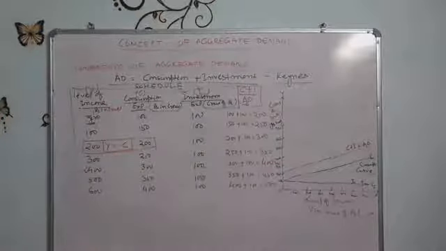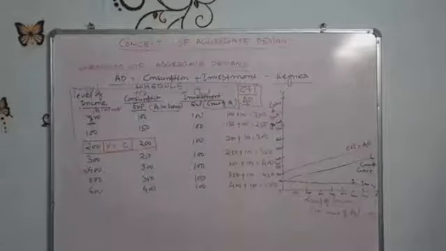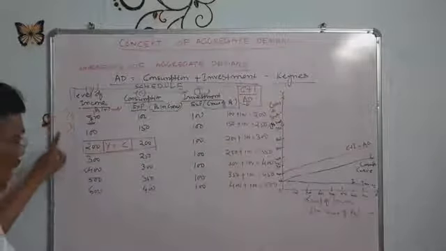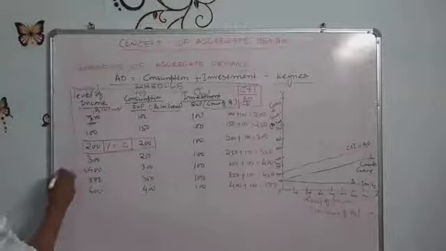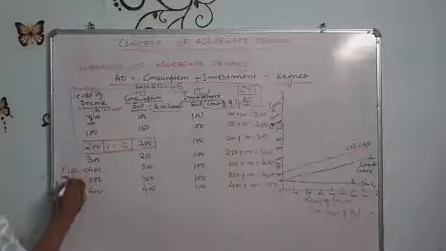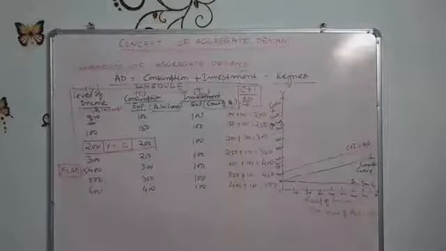Two things I want to compare. One point is here, where Y is equal to C, and another point is where Y equals AD at the level of 400 crores of rupees of income.